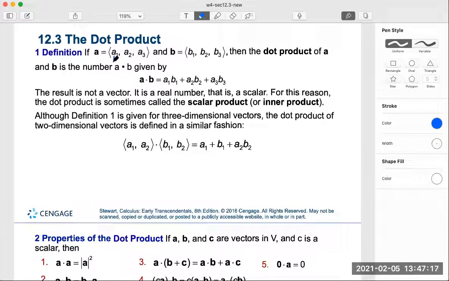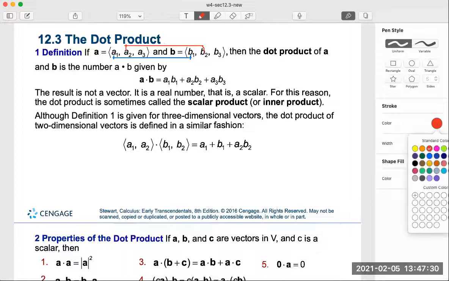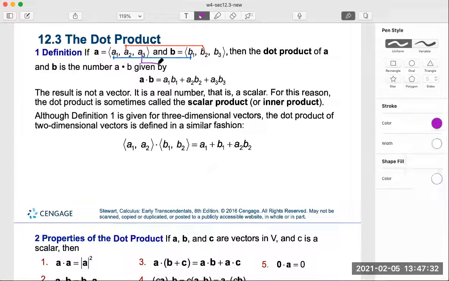The first one multiplies with the first one, the second with the second, and the third with the third. Okay, and this sum is a number, or we call it a scalar, so that is why it has the name scalar product.